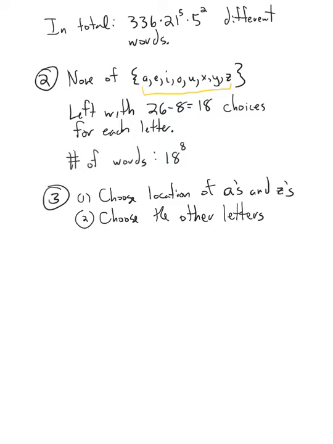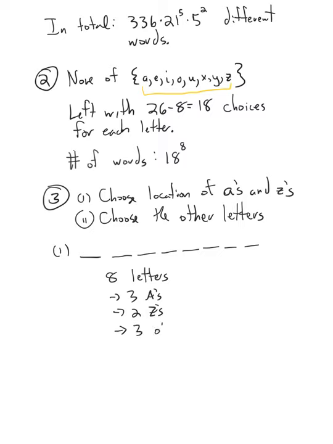So for the first bit, again, there are 8 letters. We want exactly 3 A's. We want exactly 2 Z's. And the other letters can be anything else. So there are 3 more other letters.